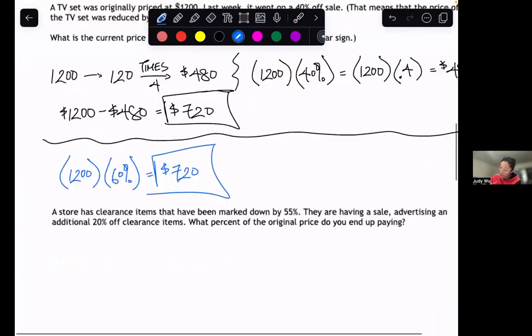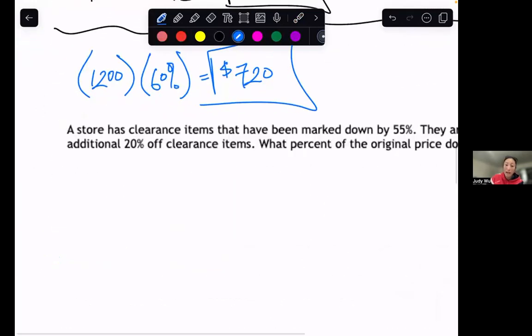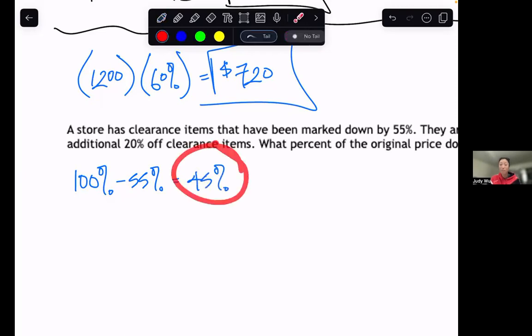Okay. So if clearance items have been marked down by 55%, that means they were 100% to start with. They're marked down by 55%. What percent do I actually pay? Well, 100 minus 55 is 45. So 45% is what I pay.